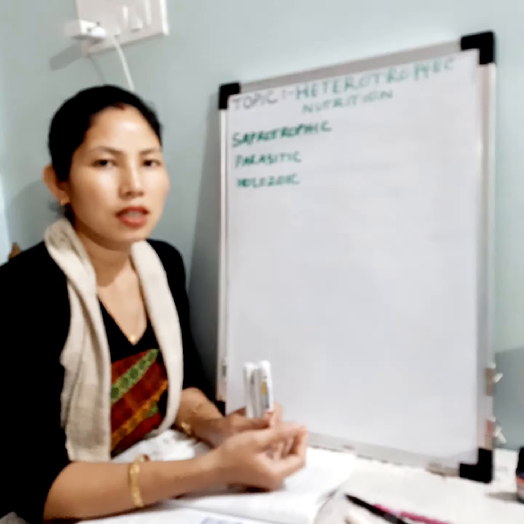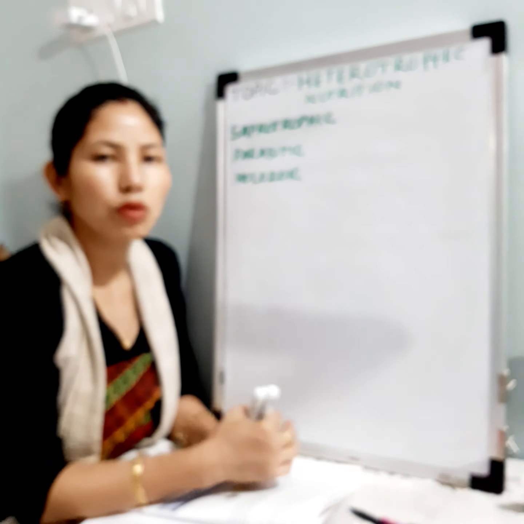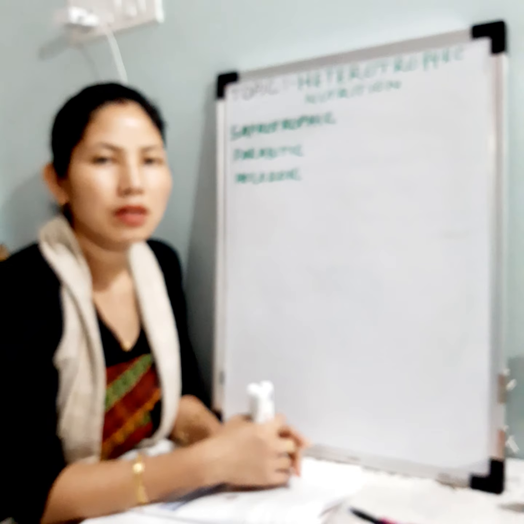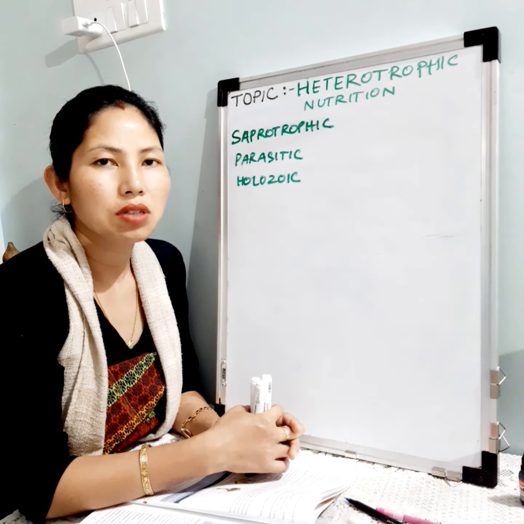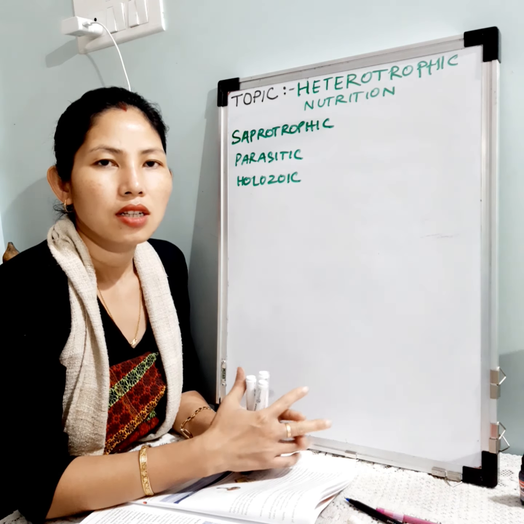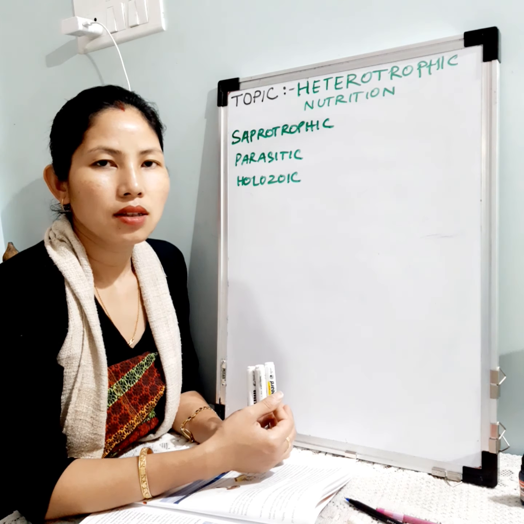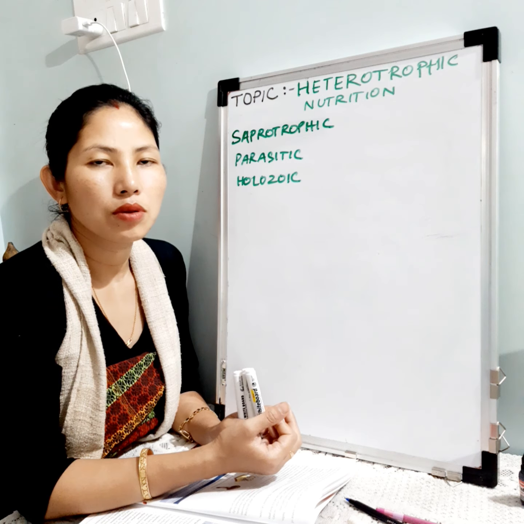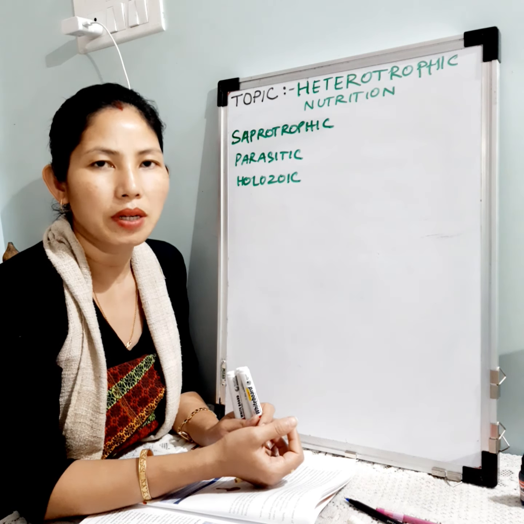Then secondly, the next type of heterotrophic nutrition is the parasitic mode of nutrition, where the organism takes the food without killing its food. Okay, in this case the organism takes the already digested food of the host organism, and the organism that takes the ready-made, digested food is called the parasite.